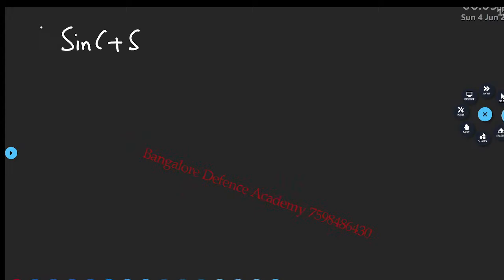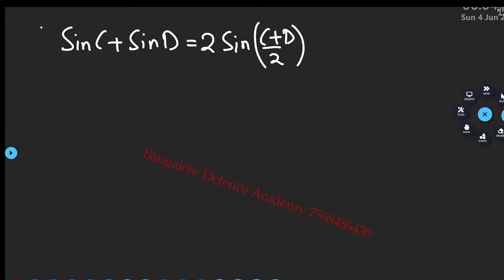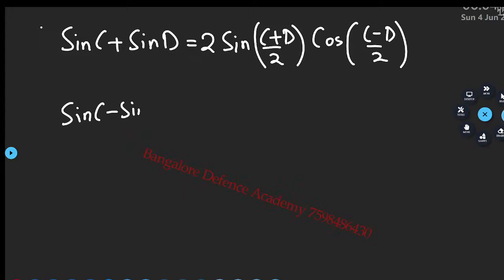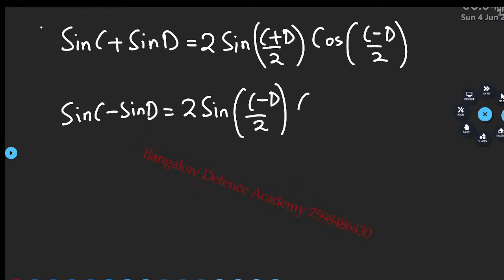Sin C plus sin D is equal to 2 sin((C+D)/2) cos((C−D)/2). Next, sin C minus sin D is equal to 2 sin((C−D)/2) cos((C+D)/2).